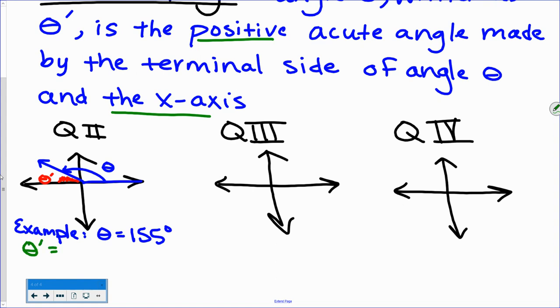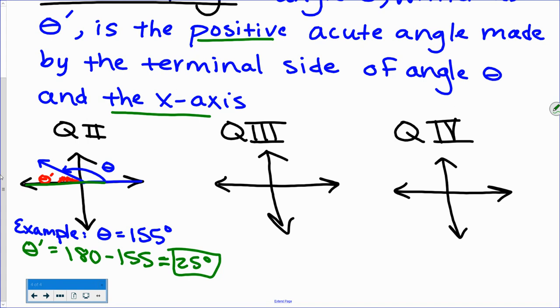Okay, so when I look at that, I should see that it would make a straight line right here. So if I take 180 minus 155, that will give me the measurement of that reference angle, or theta prime in this case. So 25 degrees. So it is a positive measure from the end of your angle to the x-axis.